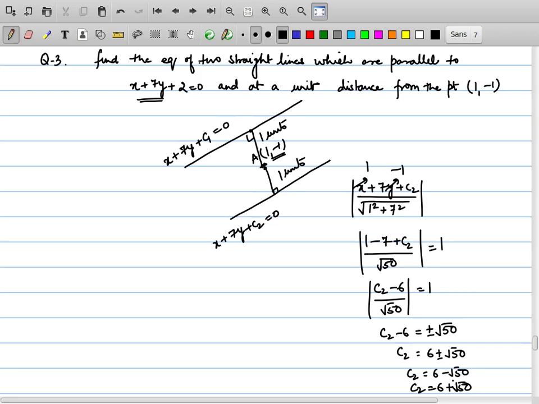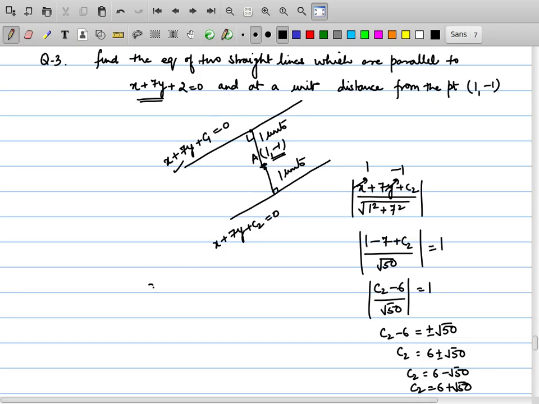Now you don't have to find out c1 separately because c1 and c2 are both given in this. If you started out with this equation, you will get the same answer. It simply means that when you are solving for c2, you are also getting the value for c1. If you had started out with c1, you would have got two values and that would have meant you have got the values of c1, c2.